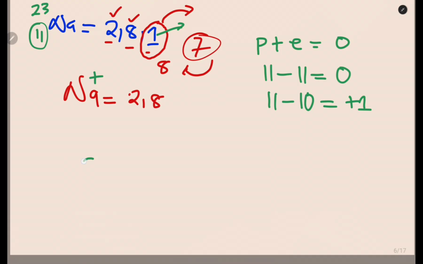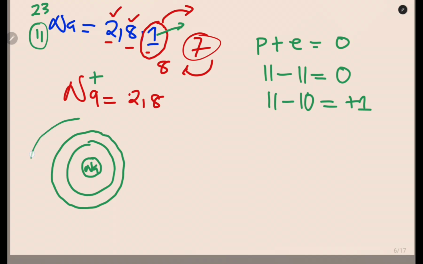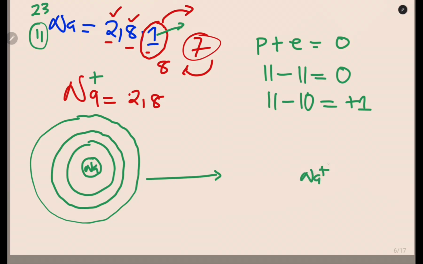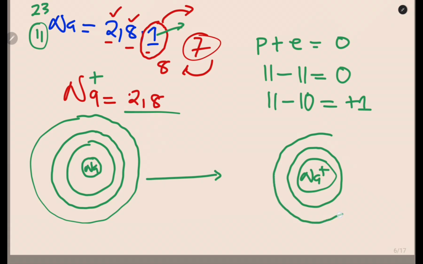So the sodium ion is going to appear like this. In terms of structure, this is sodium. How many shells around? The normal one is 3. So I can put 3 circles around. Then this one is the sodium ion. How many circles remain? 2. So 2 circles around. Then I can put it in this form, with the positive on top.